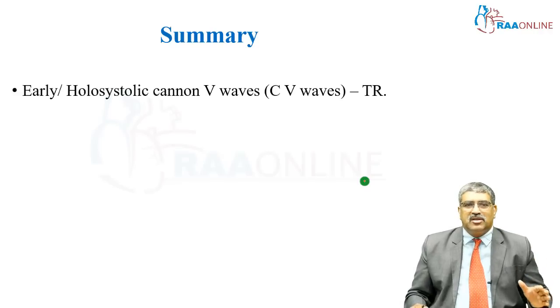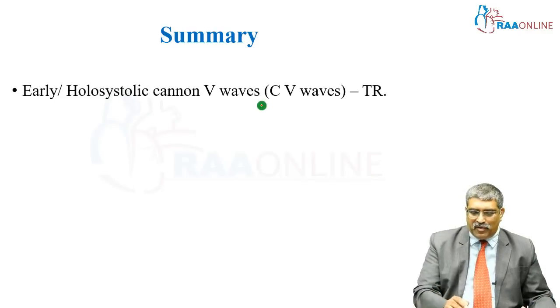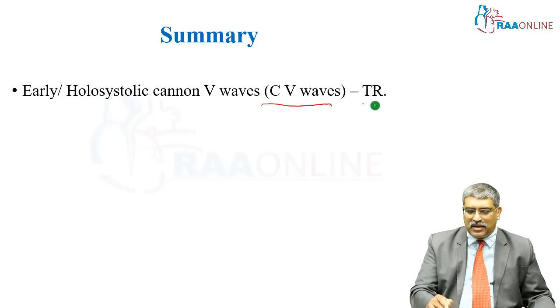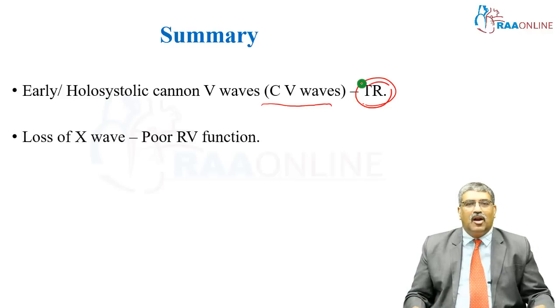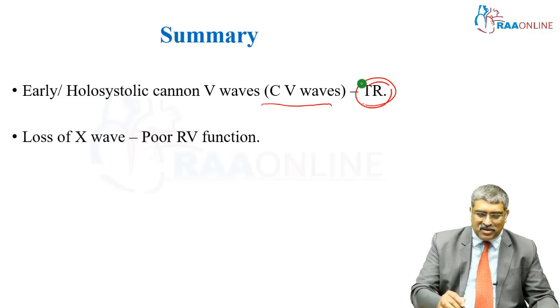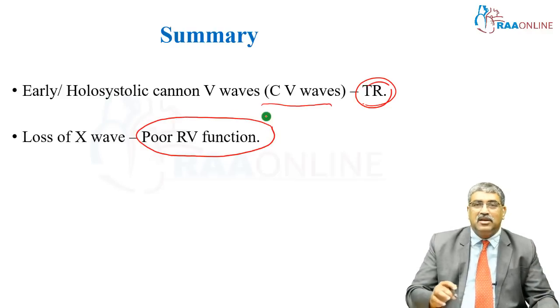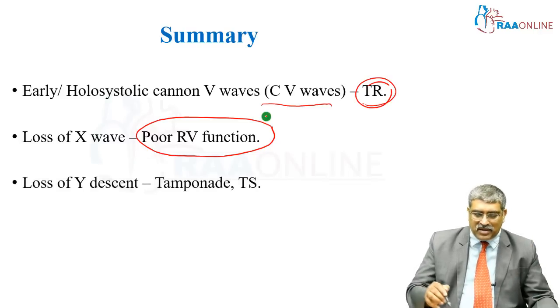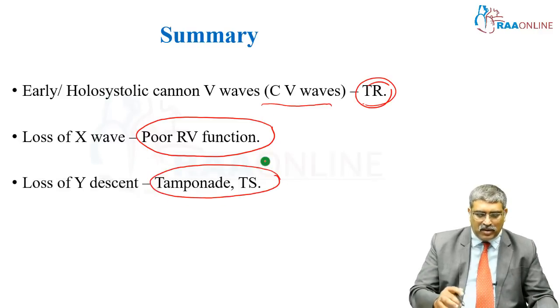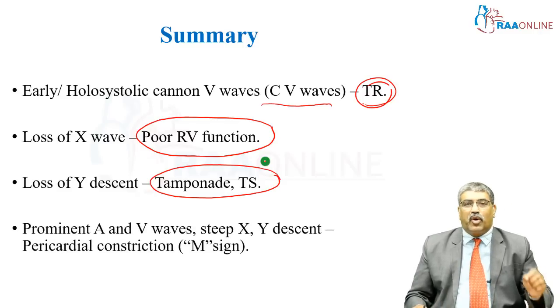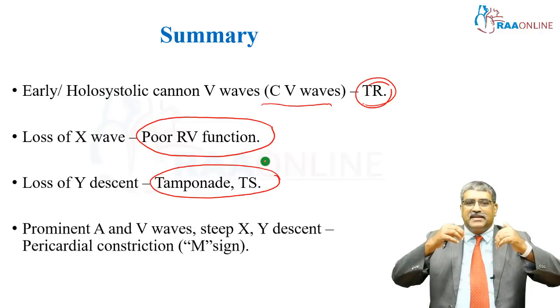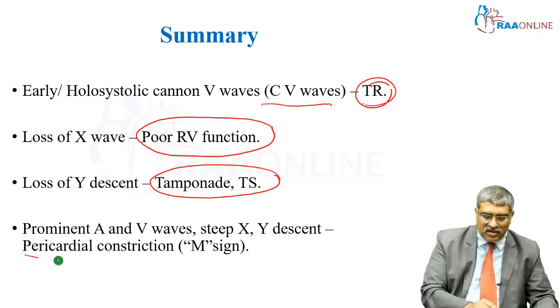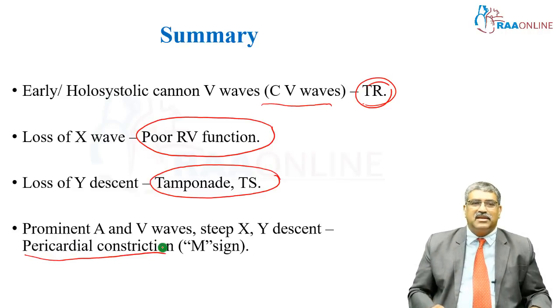Early or holosystolic cannon V wave or a fusion of C and V wave happens in tricuspid regurgitation. Loss of X wave means your RV systolic function is poor. Loss of Y descent is tamponade or tricuspid stenosis. Prominent A and V wave and steep X and Y descent, and a characteristic M sign are seen with pericardial constriction.